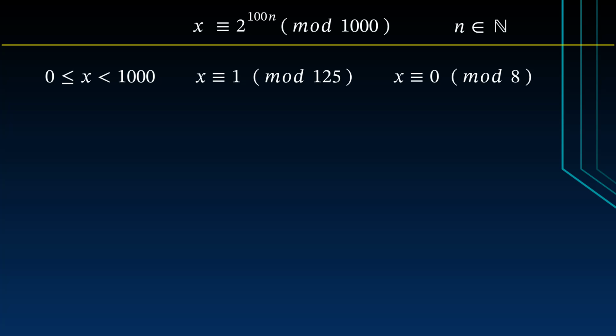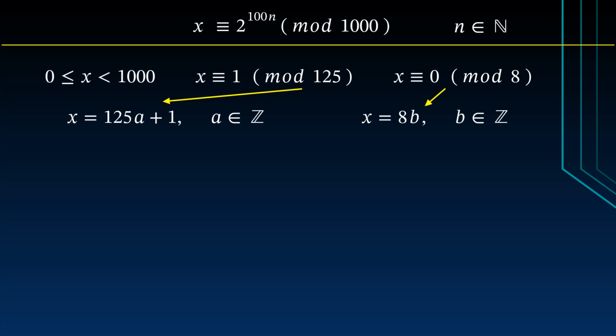The second relation means that x equals 125a plus 1, where a is an integer. The third relation can be written as x equals 8b, where b is also an integer. We can merge the last two equations and write that 125a plus 1 equals 8b, and both equal x, where a and b are integers.